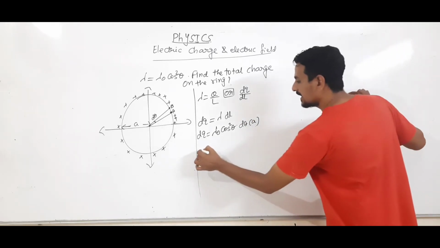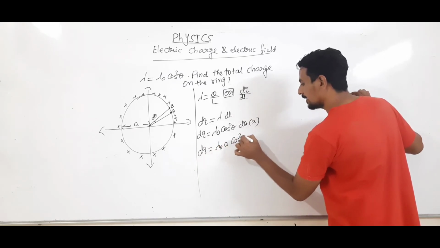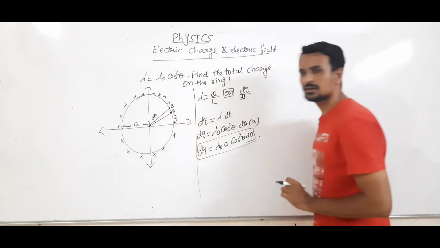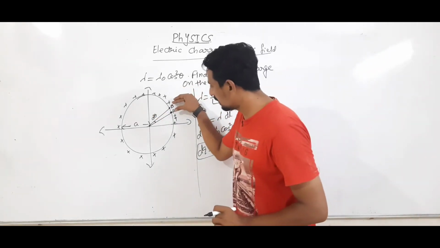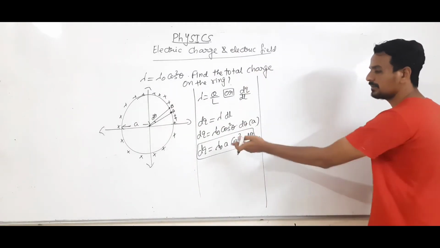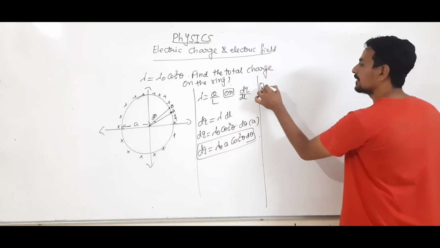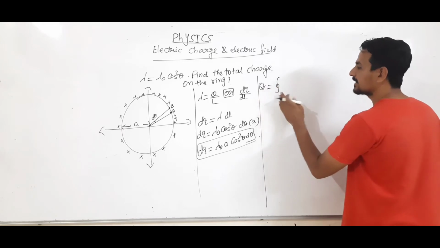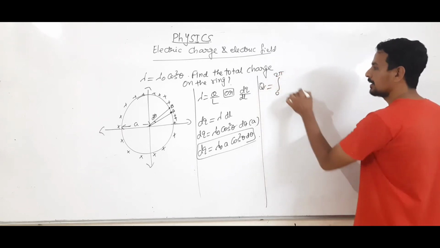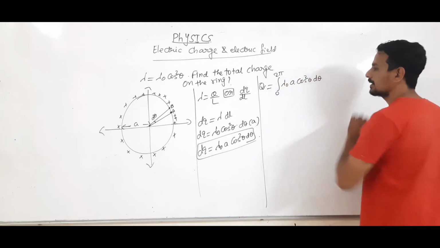So finally dq is equal to lambda 0 a cos square theta d theta. This is the charge dq, which is on the length dl. So total charge q will be obtained by integration. Let's integrate this dq. So total charge q will be equal to the integration, you can either write closed integration or 0 to 2 pi, lambda 0 a cos square theta d theta.